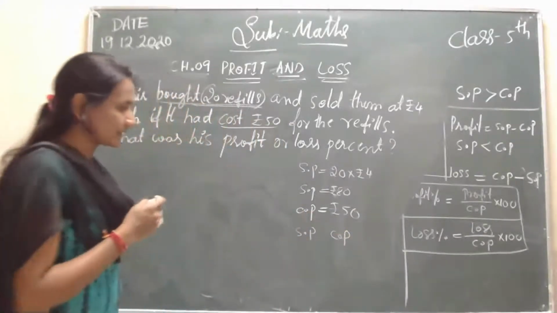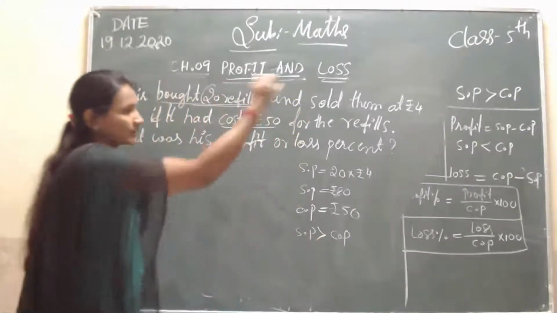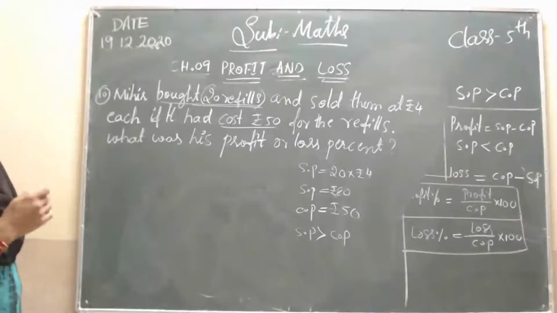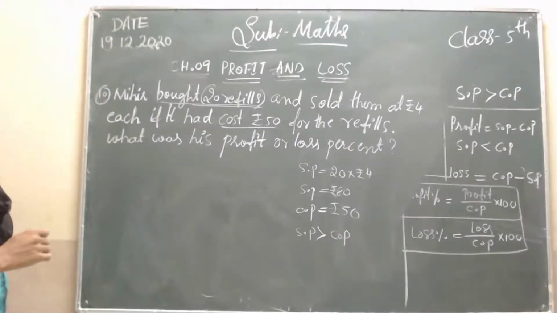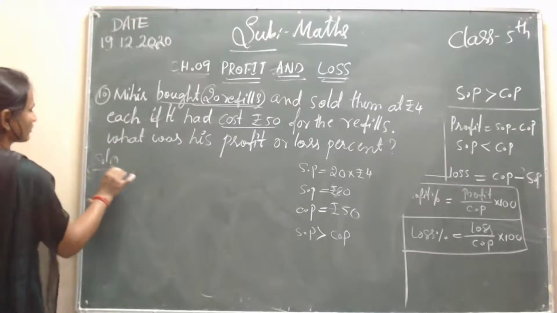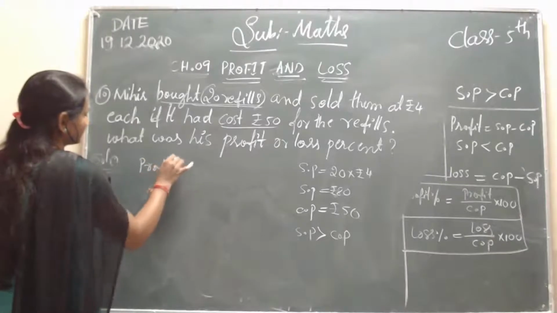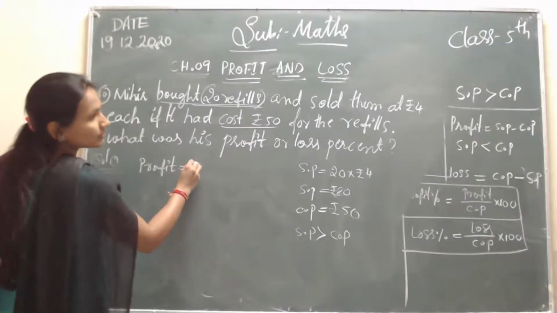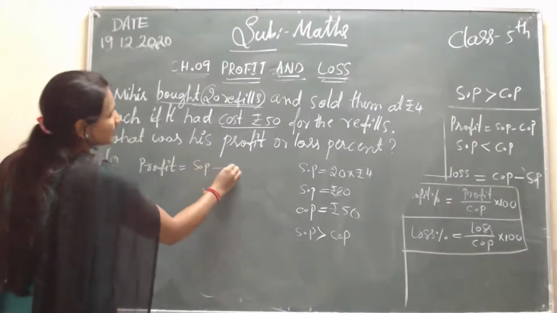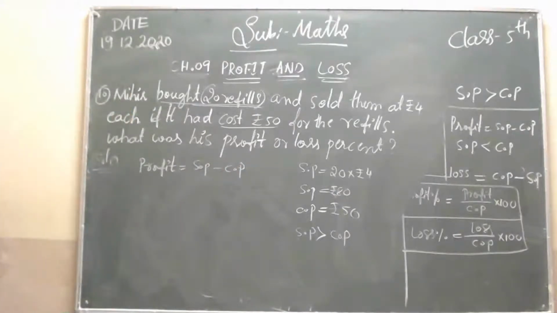In this, which is more, SP or CP? Because CP is more, which formula do we have to take? That is profit. Yes, so first we have to write the solution. The profit is equal to SP minus CP. That is the profit formula. So I have to calculate.